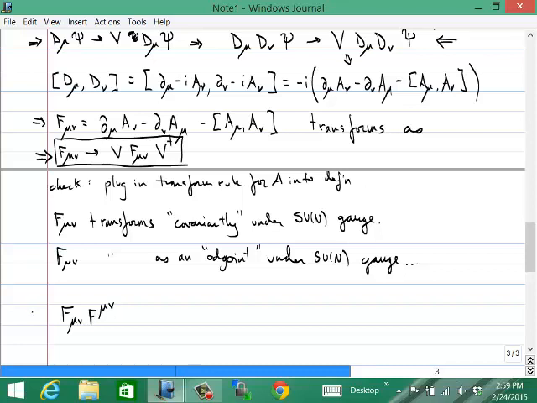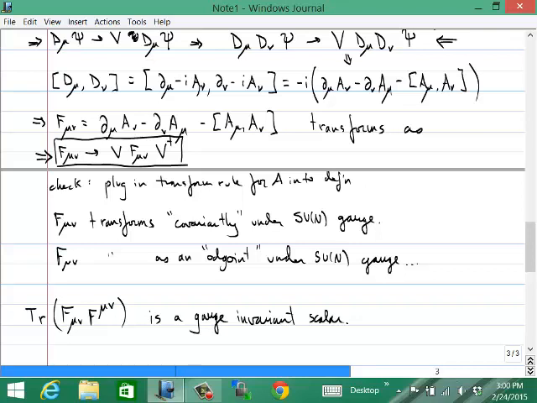So if you want to write something that's unchanged under a gauge transformation, one of the things you could do is take a trace. Remember, F is an N by N matrix, so we can always take a trace. And this is going to be a scalar which is also invariant under a gauge transformation. And in fact, it's the only possible gauge invariant scalar constructed out of A that's quadratic in A that it's possible to write down. So it's the only possible choice for an action for a non-abelian gauge field.